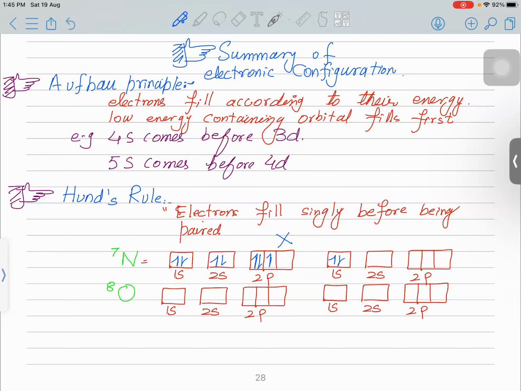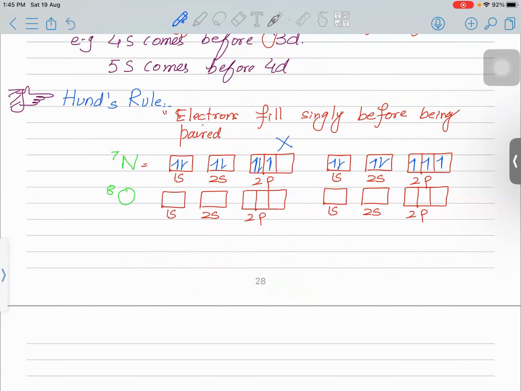So this one is correct. Now oxygen, 1s2, 2s2, 2p4. The correct one fills electrons singly first, then paired. This is Hund's rule.